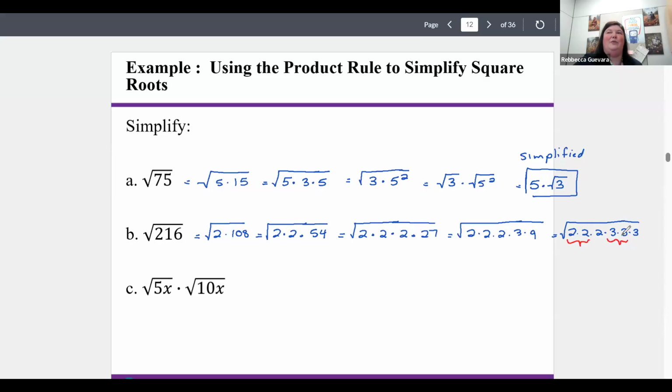We have two 2s and we have three 3s. So we have a 2 squared and a 3 squared, but we also still have a remaining 2 and a remaining 3.